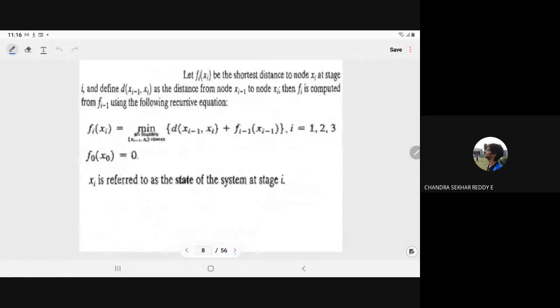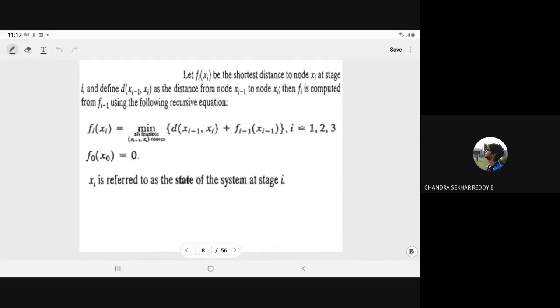So in general, we write the problem in this form. Let fi(xi) be the shortest distance of node xi at stage i, because we have decomposed our problem into three stages: stage 1, stage 2, stage 3. Define the distance from node xi minus 1 to node xi.